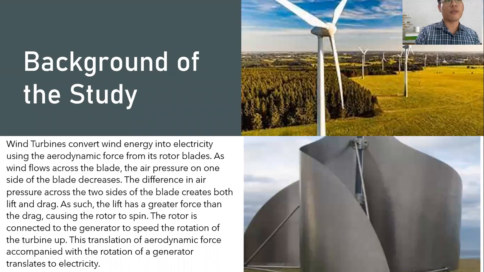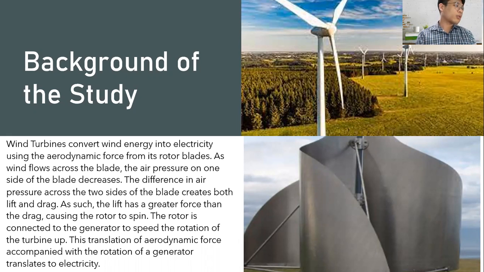Moving on, for the background of the study, the wind turbine converts wind energy into electricity using the aerodynamic force from its rotor blades. As wind flows across the blade, the air pressure on one side of the blade decreases. The difference in air pressure across the two sides of the blade creates both lift and drag.